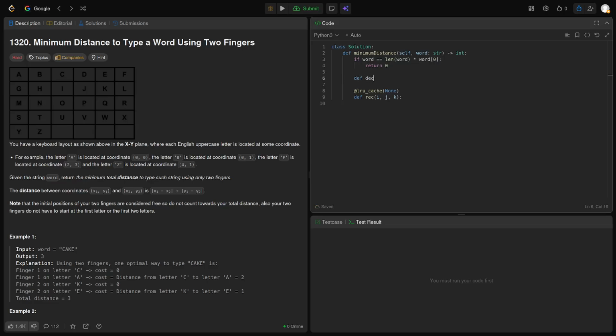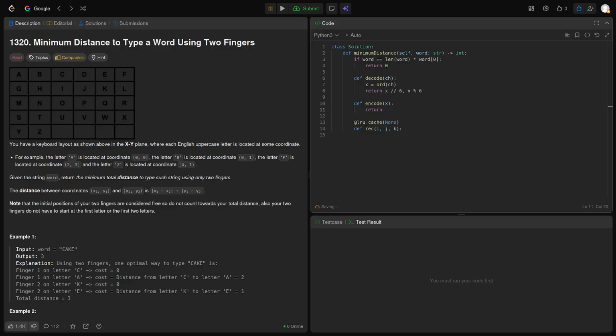Something like def decode maybe, and then x return x divided by 6 and x modulo 6, and def encode char return, no, that's actually okay. So how we encode that is, there should be char here, so x or char, right?